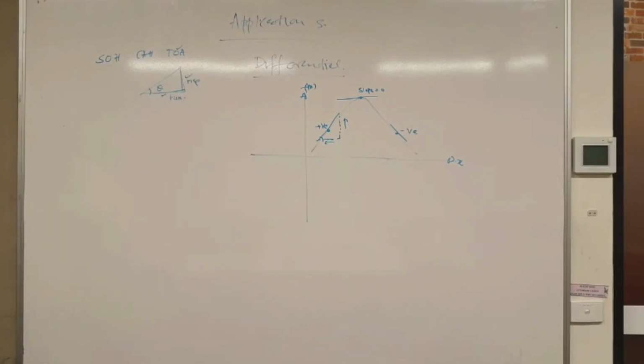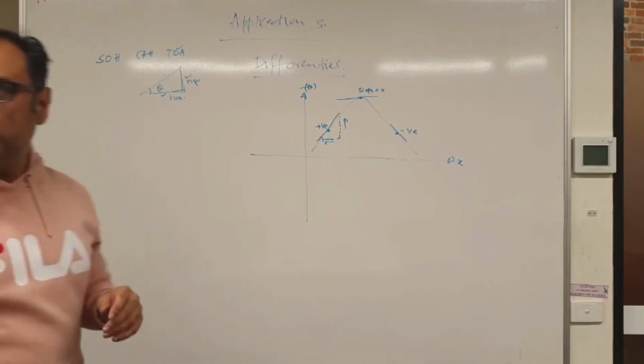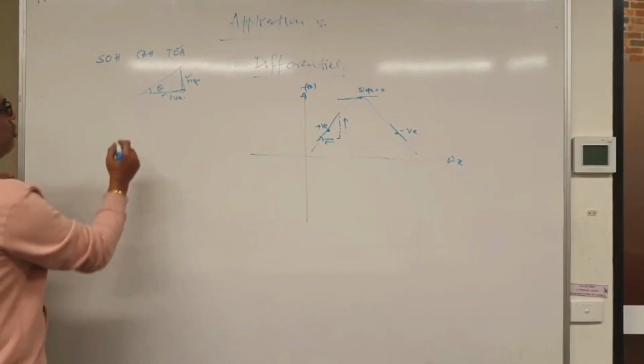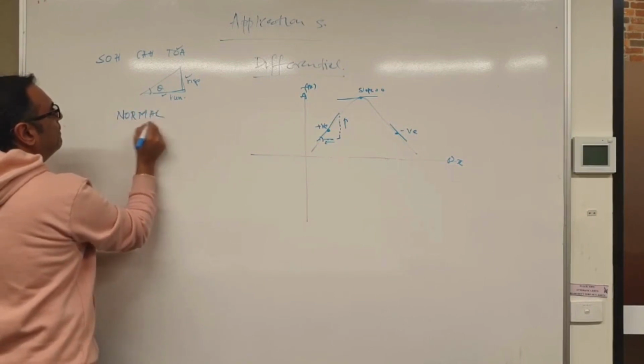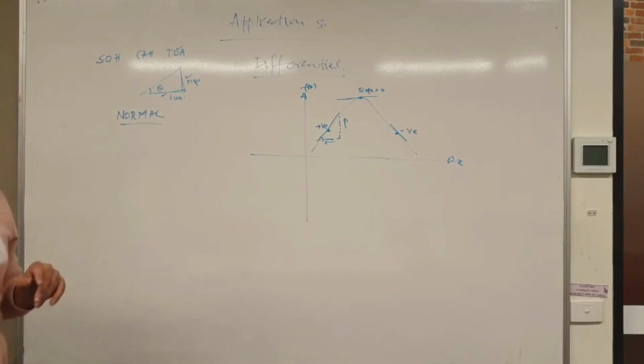Right. Then there's a concept of normals. Have you heard about normal? Tangents and normals? Is there like a perpendicular? Exactly.